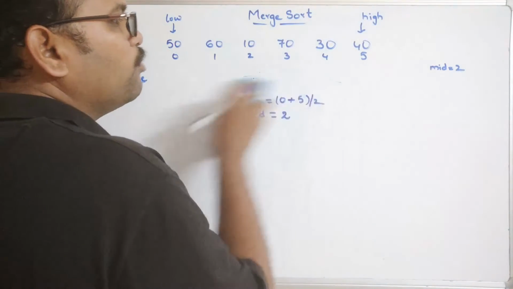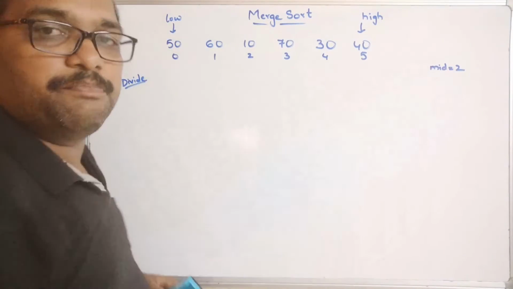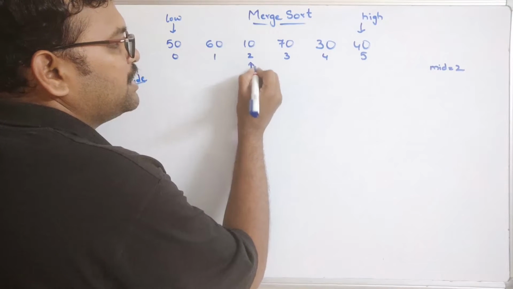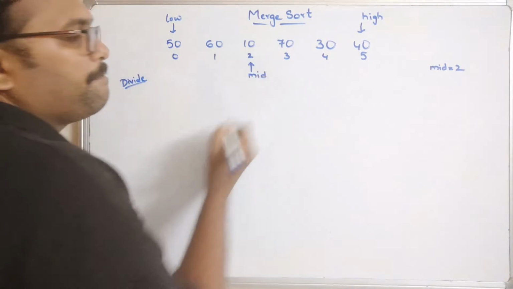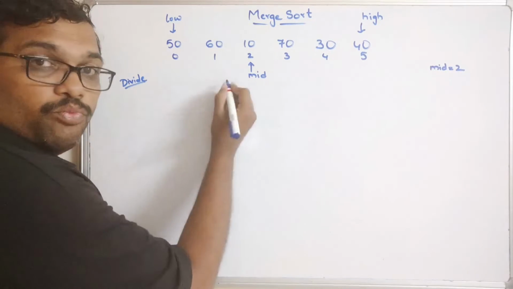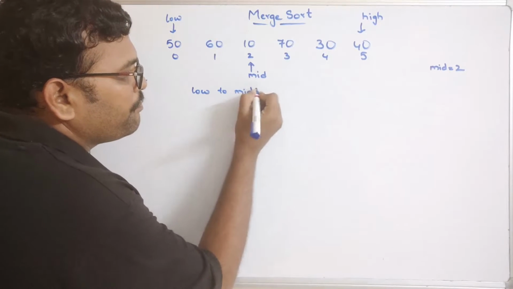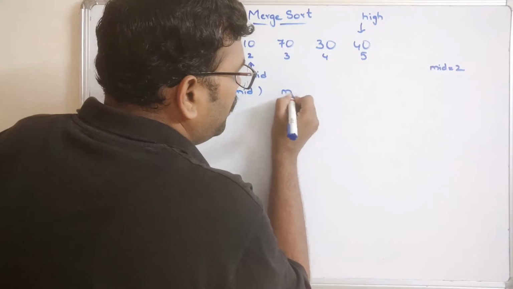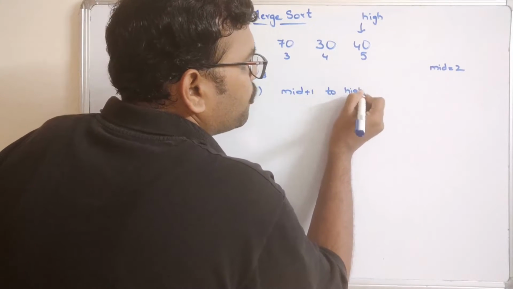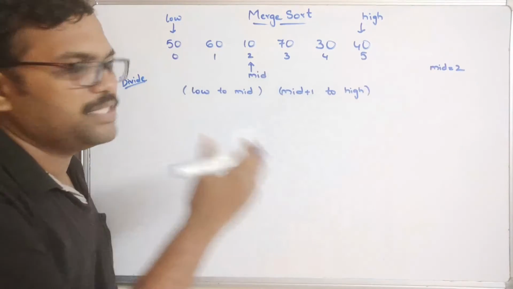Now we need to divide the complete problem into two halves based upon this mid. The mid value is 2. One part is from low to mid, and the second part is from mid plus 1 to high. Based upon this, we divide the complete elements into two halves.